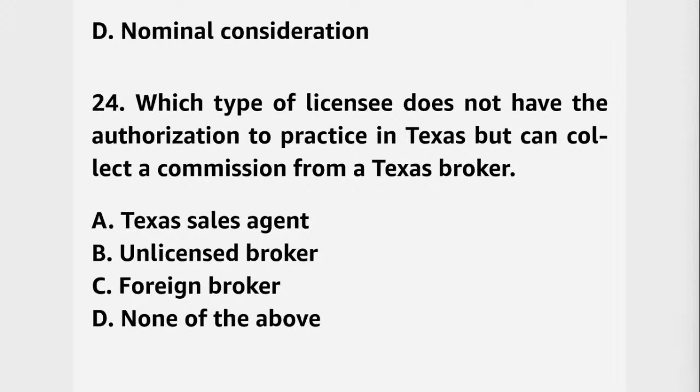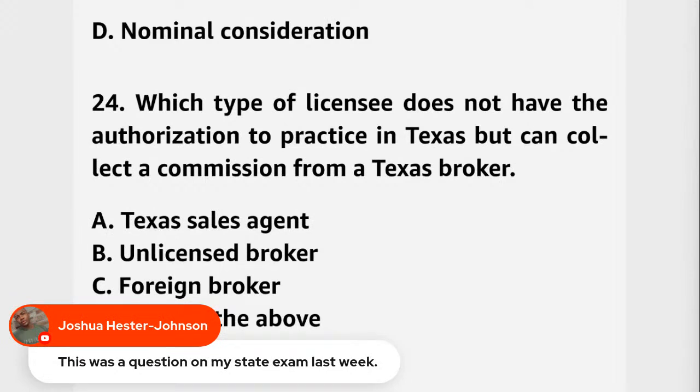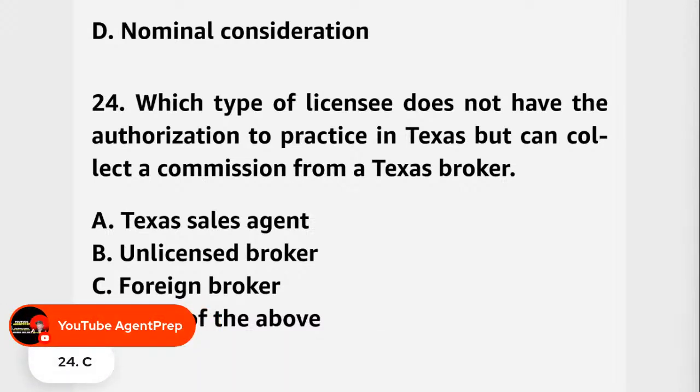Either of those can get a commission if they refer a client to a Texas broker. They'll get a percentage, whatever is negotiated, 20%, 25, 50%, depending on how much the realtor they refer it to has to work on it. Oh, I forgot to post the answer, 24C.